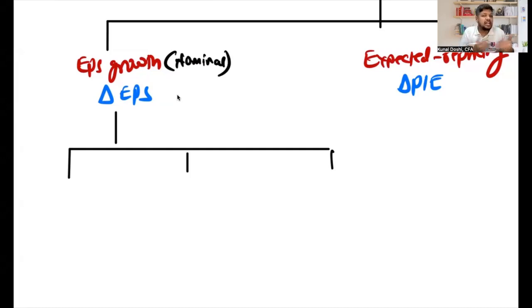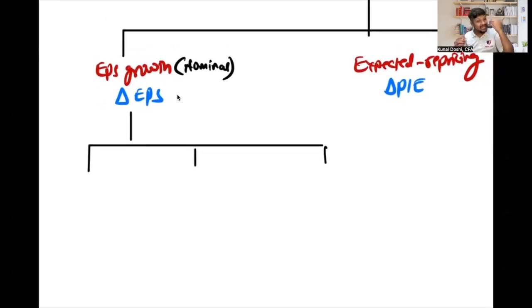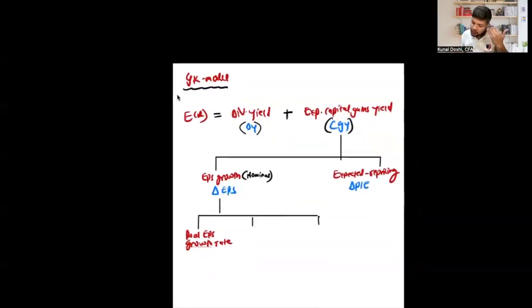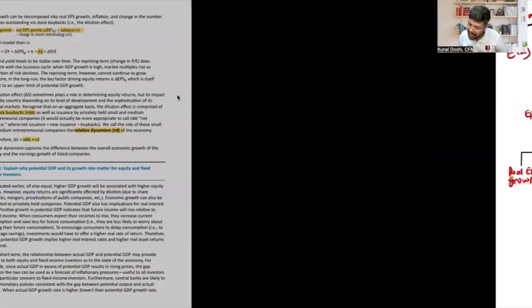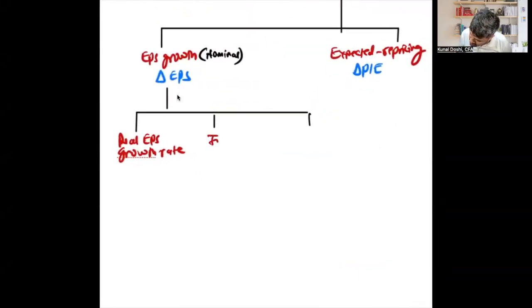We know the Fisher effect, real and inflation. So we will say this nominal growth rate is real EPS growth rate plus inflation.